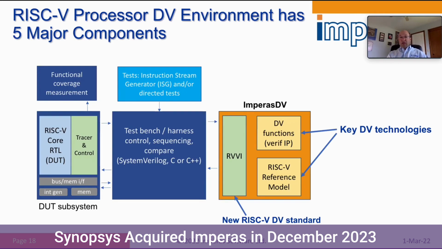This is a block diagram of the DV environment, the processor DV environment. There are 5 key components: functional coverage, the tests themselves, the device under test subsystem, which can include some verification IP in here for interrupt generation, for example, the test bench itself, which could be SystemVerilog, C, C++, and the reference model subsystem, which includes the reference model itself, as well as various DV functionality.